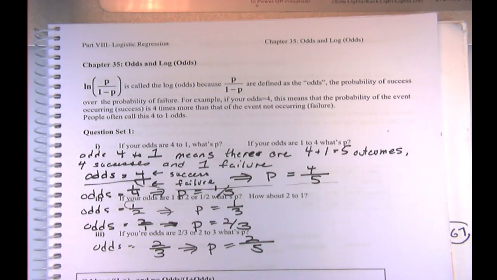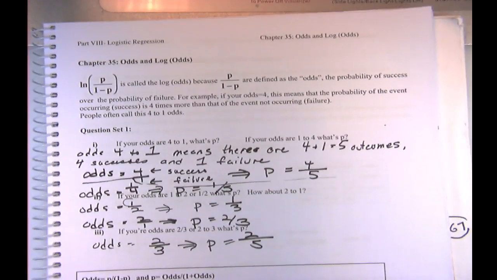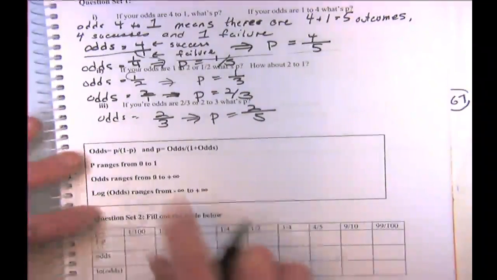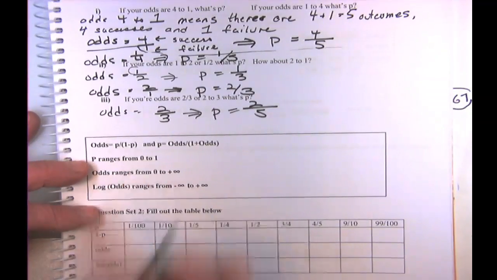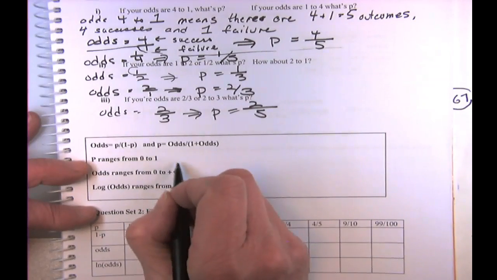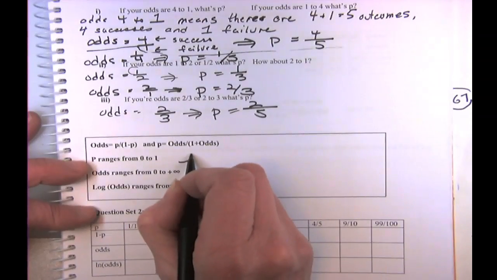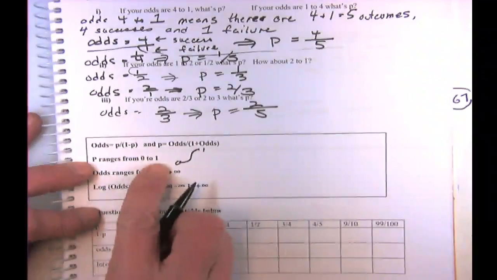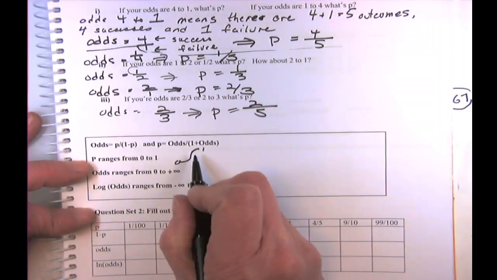Great. All right. So now let's move on and fill out this chart, which is what you have to do in your homework. Let's make sure we've got this down. The probability ranges from 0 to 1. It's confined within that, so it has that S-shaped curve, between 0 and 1. That's why we have to write an equation for a curve like that.